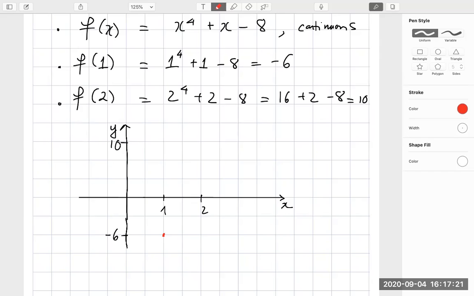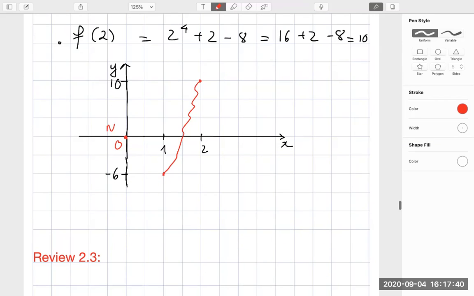F at 2 should be 10, this point. So we don't know how it looks, but we bet that there exists a number n, which is equal to 0 in this case, such that 0 is larger or equal to negative 6, smaller than 10, and 10 is f of 2, and this is f of 1.